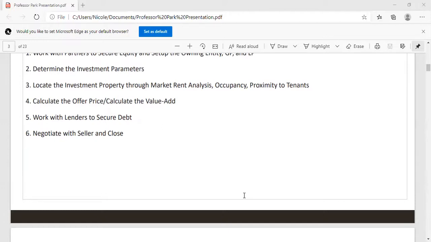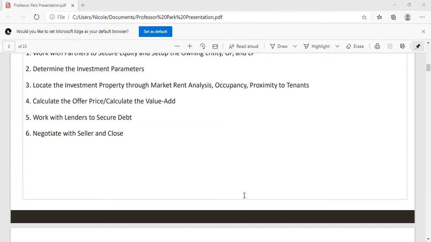When you go and look at those properties to invest in, you look at typically what the market rent is for the property, the occupancy, and the proximity to potential tenants or customers. Then you do an analysis, usually in the form of a DCF, or discounted cash flow, and you calculate what you want to offer the seller. You also perform an internal analysis of where you can add value.